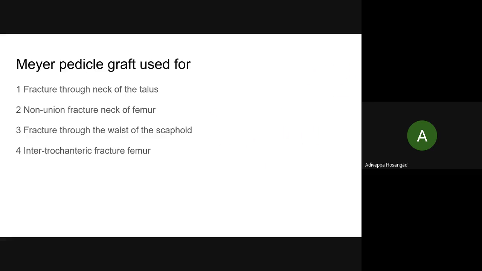Coming to this question, the Meyer muscle pedicle graft is used for a non-union neck of femur where you want to increase the vascularity. They take a piece of the bone to which the quadratus femoris is attached like this.